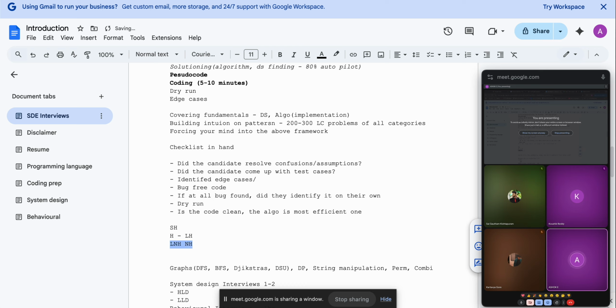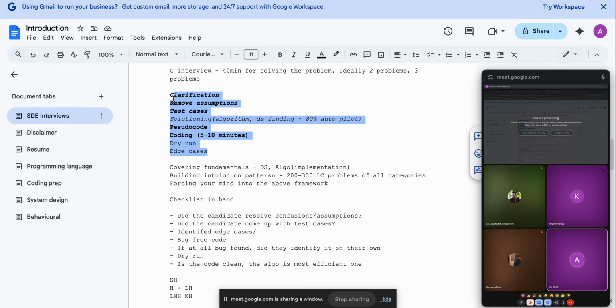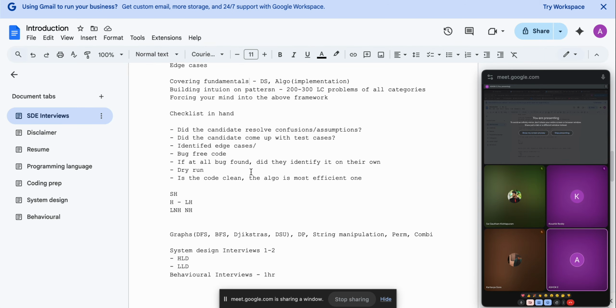So this is how they evaluate. Nobody tells you this. This is some insider information. This is not publicly available, but this is how generally the big tech companies evaluate. So if you are targeting big tech companies, you need to make sure you follow this standard framework.